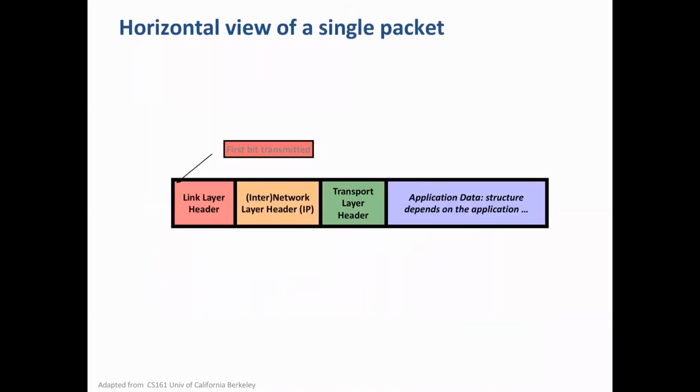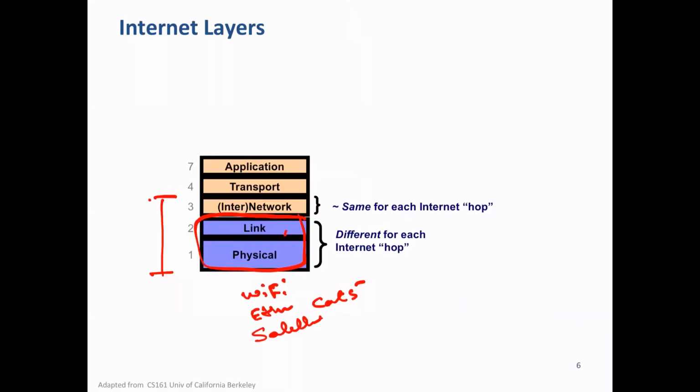As the application generates data here, that will get encapsulated in a transport layer packet. That will have some ports, which say which application will receive this data, and also whether reliability is required or not. This packet becomes the payload of the network layer IP packet, and the IP packet goes inside a link layer frame.